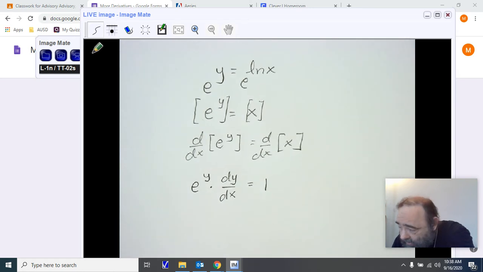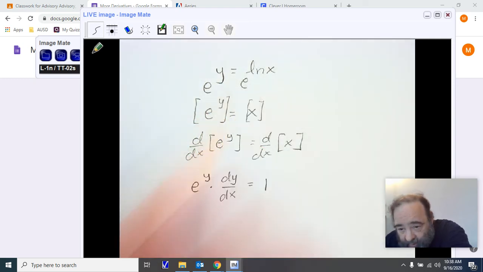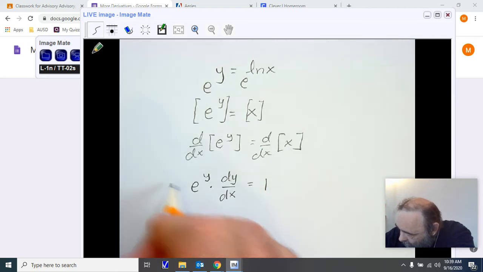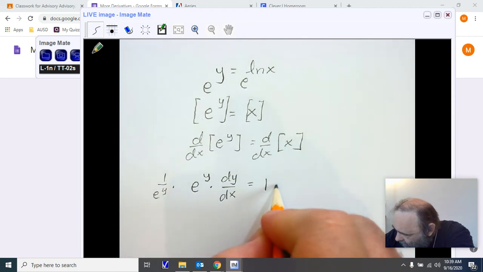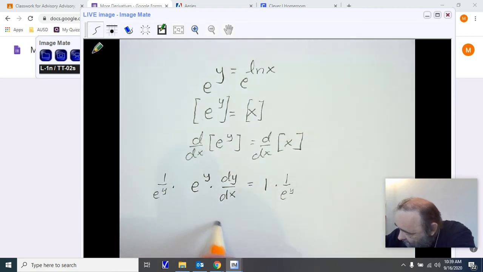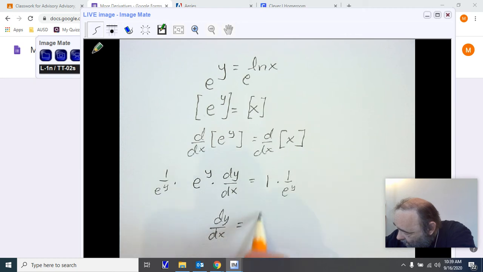Now, my goal was to find the derivative of y, which would give me the derivative of the natural log of x. So I'm going to keep going and simply multiply by 1 over e to the y. Well, this gives me my dy/dx. That's what I'm looking for. And I end up with 1 over e to the y.